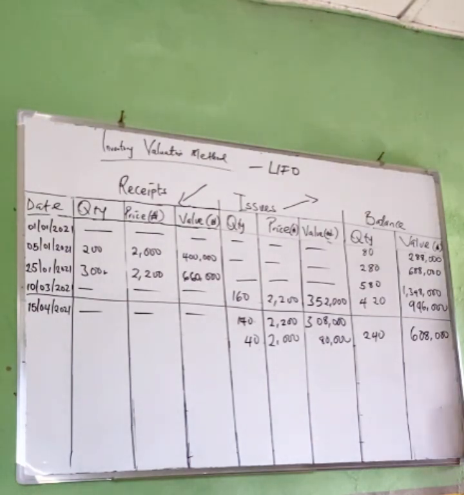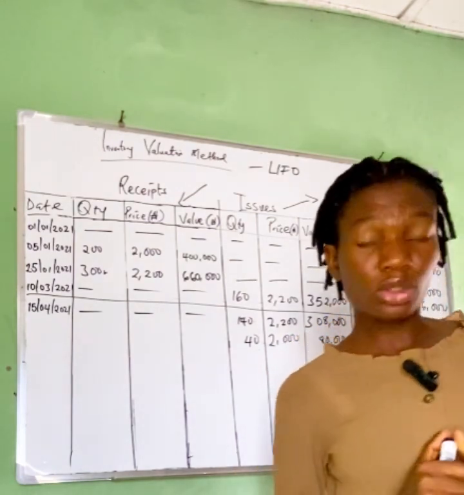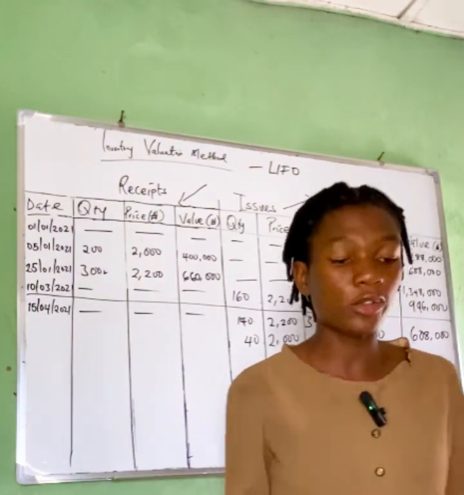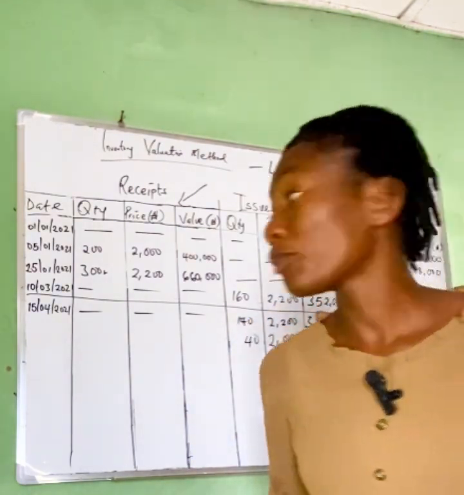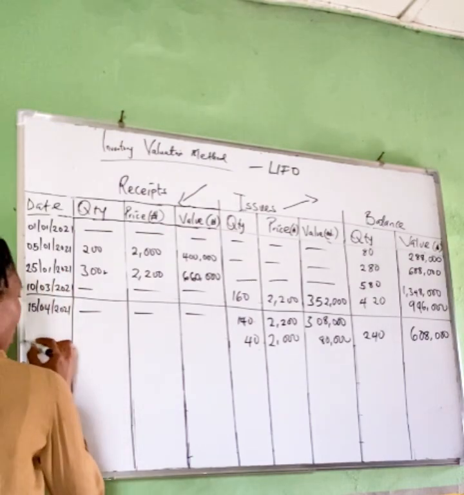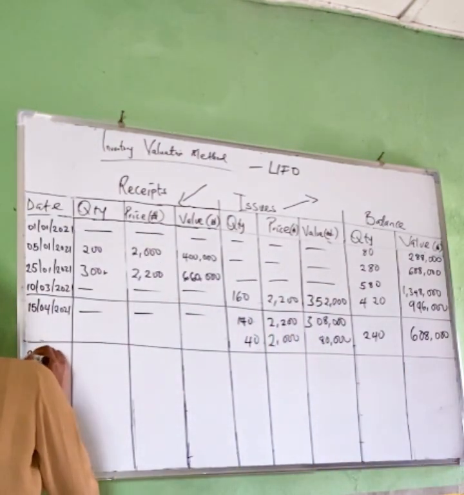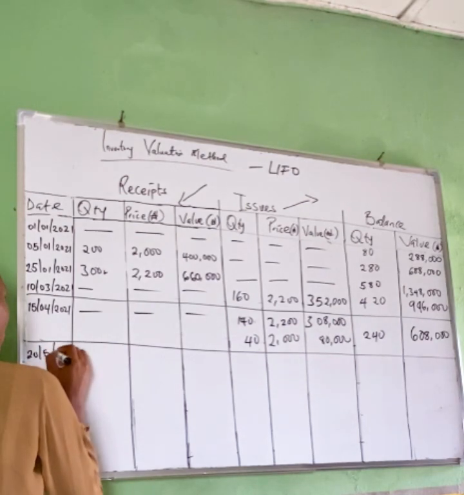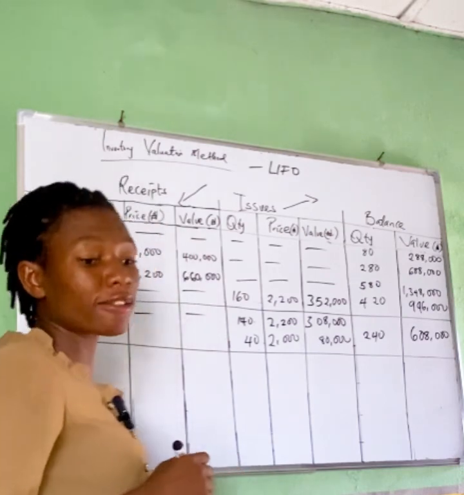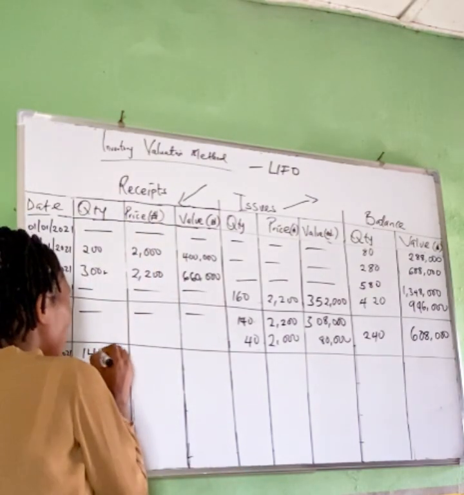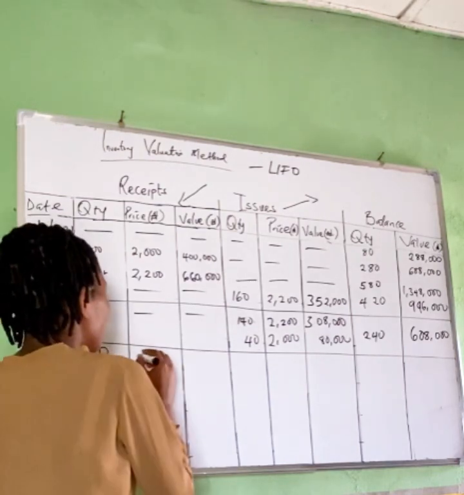Now the last transaction here is on the 20th of May. On the 20th of May we purchased 140 nets at 2,400 naira each. So let's close this up. That's the unit 140, and the value is 2,400 naira each.